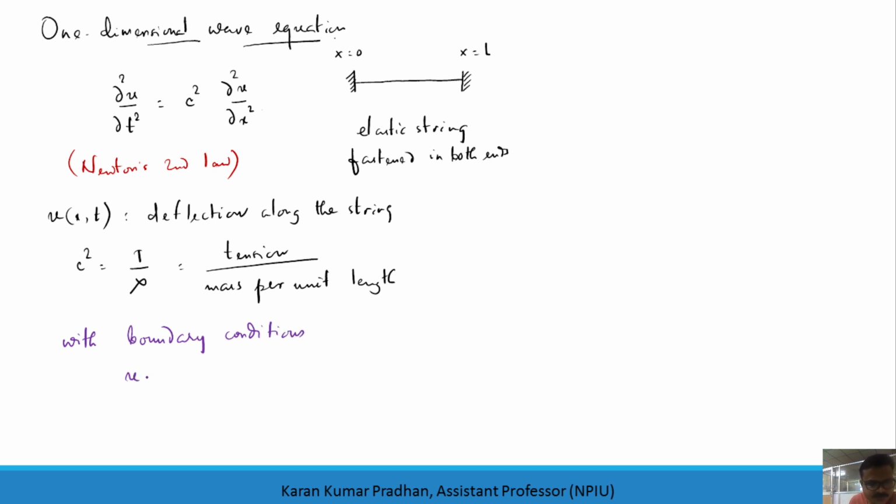With the boundary conditions, u at 0, that means at this end, irrespective of the time, is 0, and u at the other end, x equals L, is again 0. Now it will depend upon the initial deflection and the initial velocity.